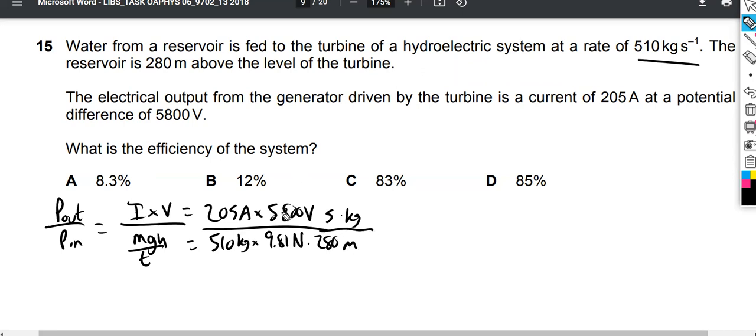So the units here don't look friendly at all. What can we do? Let's see, kilograms are going to cancel. A newton meter is a joule. So you have an amp volt per joule, and that should actually all cancel out.